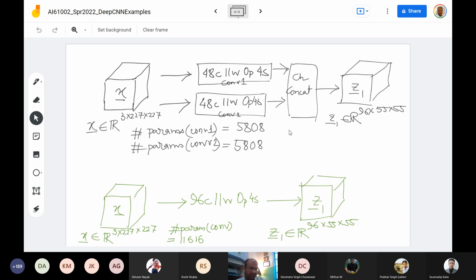Was this calculation correct? How did you arrive at the number of parameters? C into W into H. Okay, I forgot to add the bias one. So 48 into 3 into 11 into 11 plus 48. So 17425. It should have been 17425. 17472.